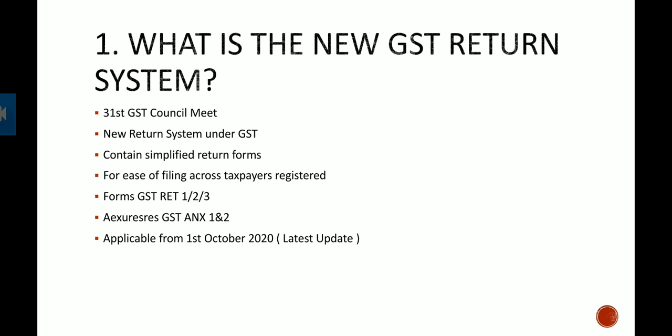Along with this main return, there will be two annexures called GST ANX 1 and ANX 2, which are compulsory along with the above return forms. And this new return filing system will be applicable from 1st October 2020. Until 1st October, old return forms are applicable as usual.